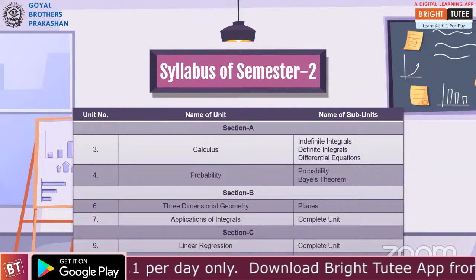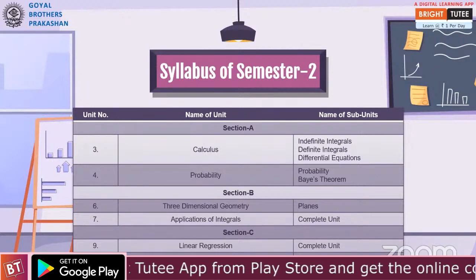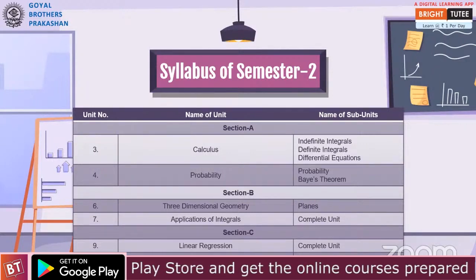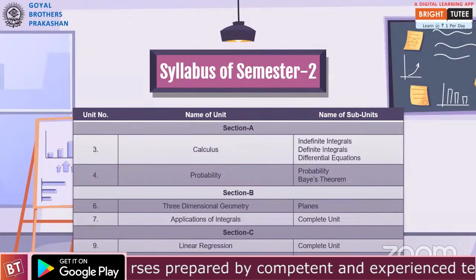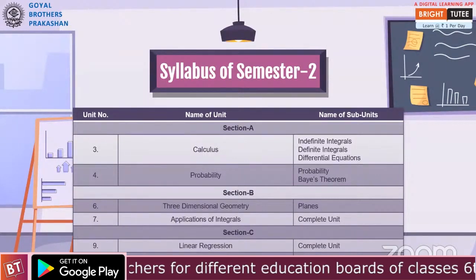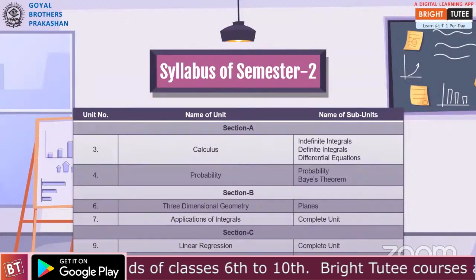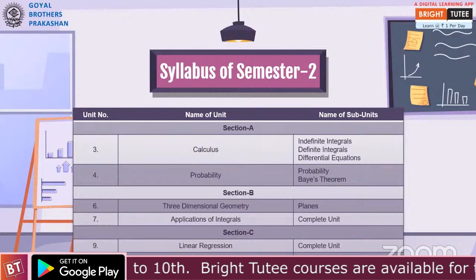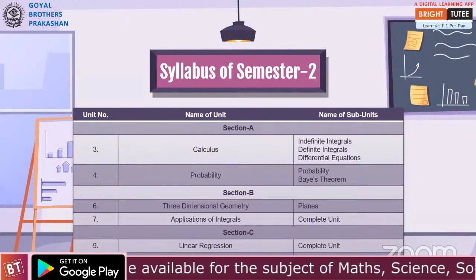In section B, under the unit of 3-dimensional geometry, we have planes, because lines we took in semester 1, and under the unit of application of integrals, we'll have area under curve. In section C, we have 2 units, linear regression and linear programming. These units are complete units. They don't have any subunits.